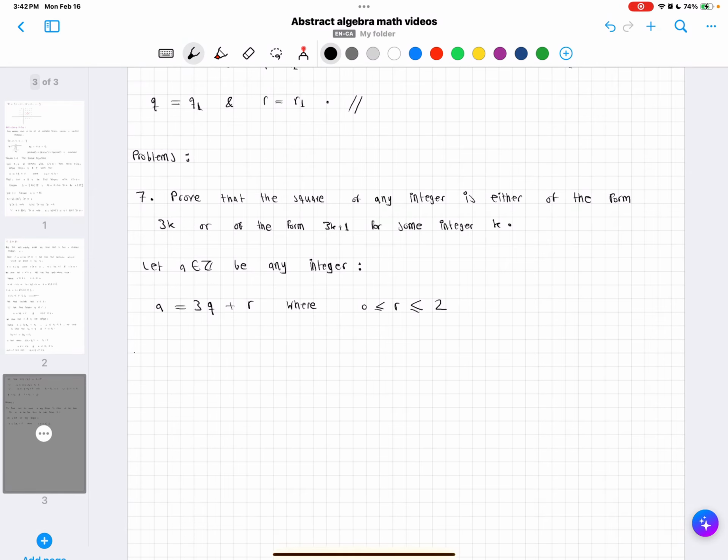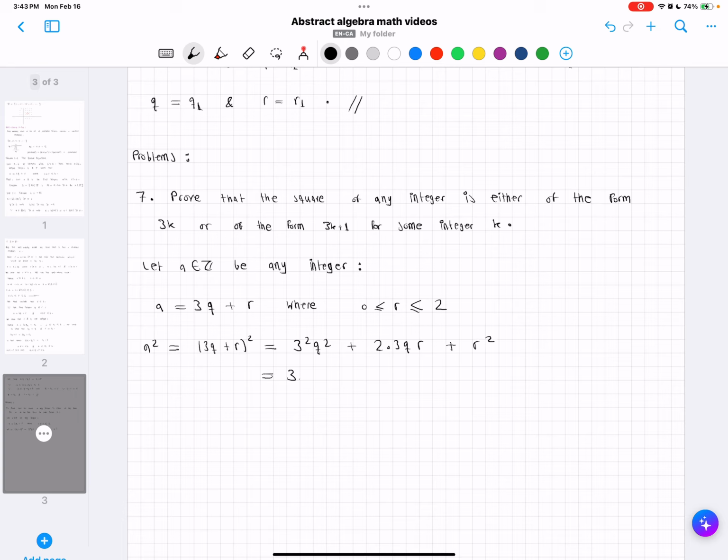So let's square a. Then we get (3q plus r) squared, which is 3 squared times q squared plus 2 times 3q times r plus r squared.